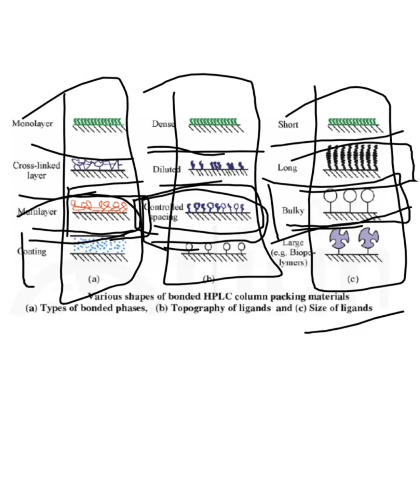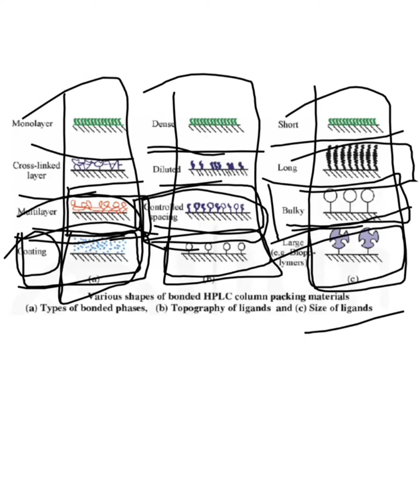The coating of the bonded phases also depends on the coating. The topological ligand here is in bulk, so the size of the ligand is also large.